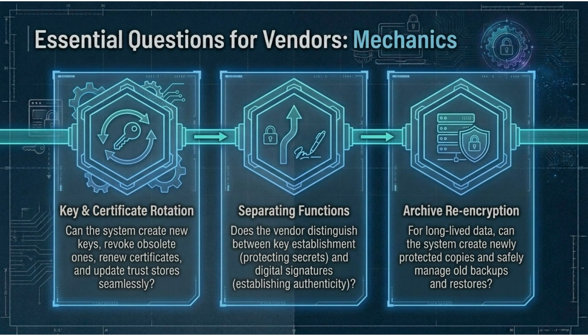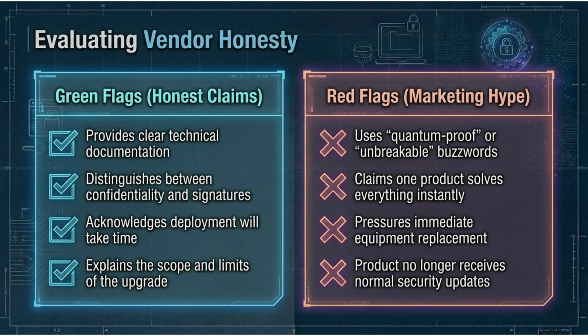To evaluate sales claims, distinguish credible evidence from marketing hype. Honest, credible vendors provide clear technical documentation rather than relying on slogans. They clearly explain the scope and limits of their upgrades, distinguish between confidentiality and signatures, and openly acknowledge that deployment will take time.